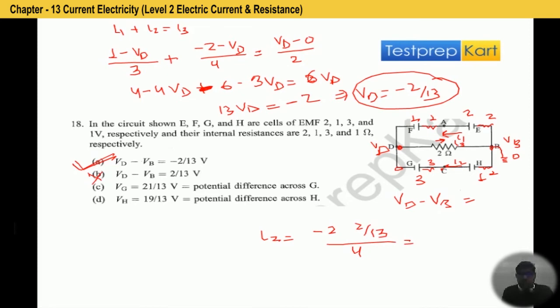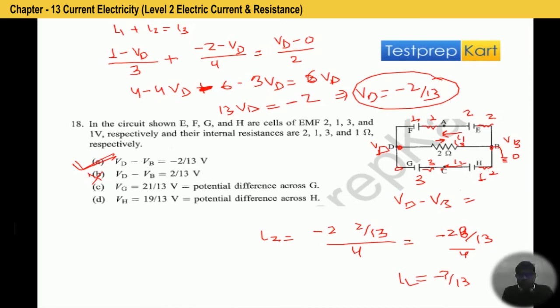So this is minus 28 upon 13 divided by 4. So this is minus 7 by 13, I2.